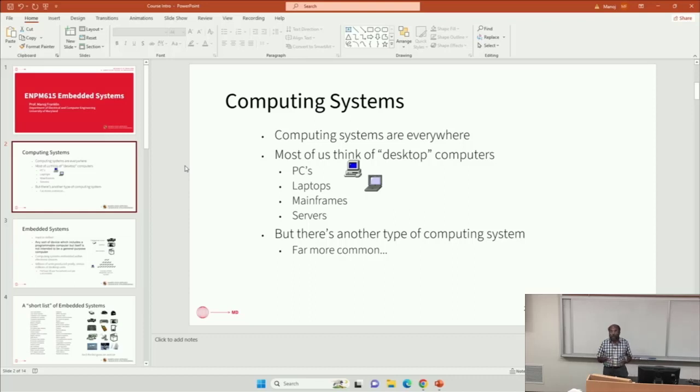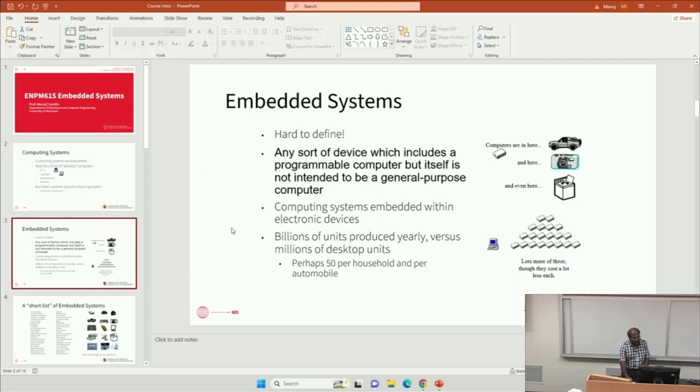And what are they? They are embedded systems. In fact, embedded systems are everywhere. But they are hard to define. What exactly is an embedded system? Well, if I go through some examples, you'll get the idea.